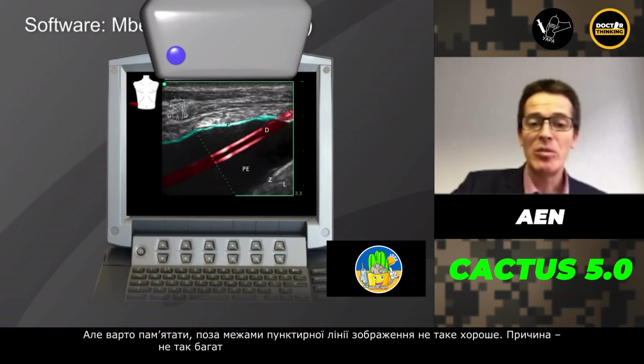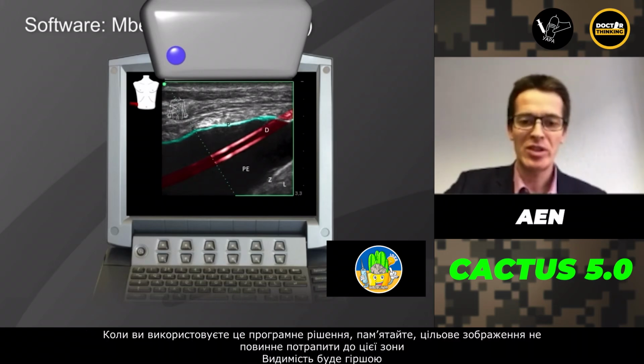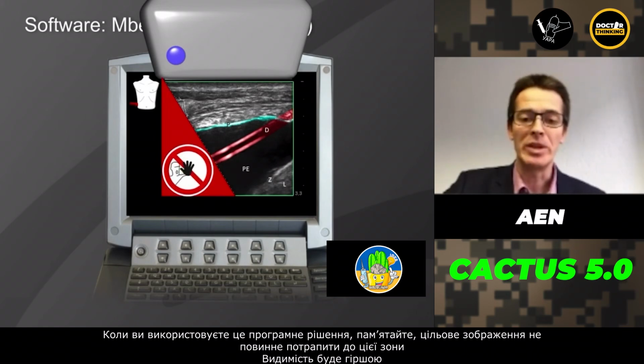But there is one thing you have to keep in mind: beyond this line with the little dots, the image isn't as good as inside this field, because not many piezos create the B-mode image in this area. So whenever you use this software solution, keep in mind not to have your target structure outside of this field. Don't go there, because visibility of your needle tip will be worse than not having this mode on.